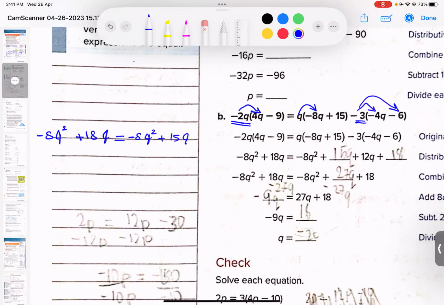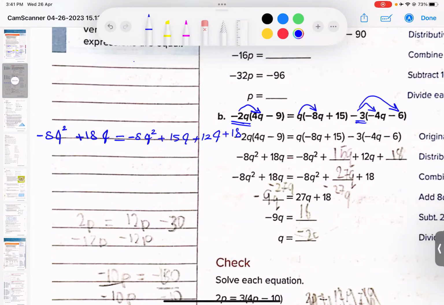Could you tell me? So you multiply negative 3 by negative 4q, which is going to be positive 12q. Yeah, exactly. And negative 3 times negative 6 is positive 18. Yeah, exactly.